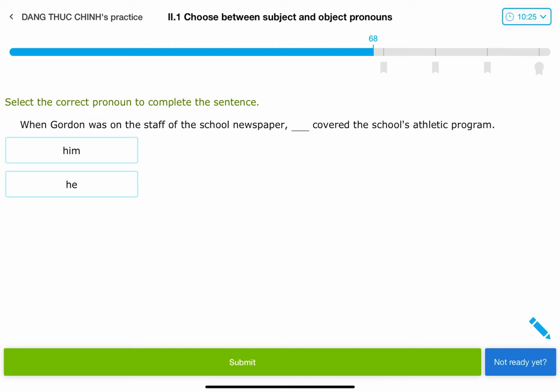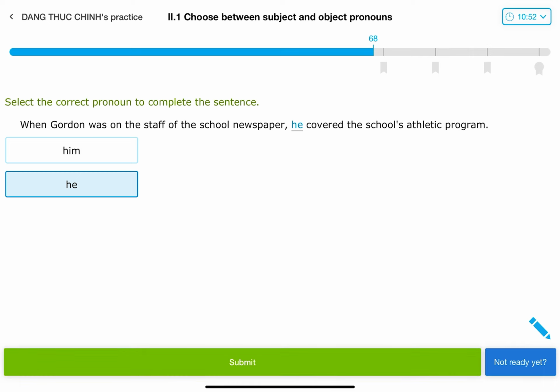When Gordon was on the staff of the school newspaper, he covered the school athletic program. Okay, this is like two clauses, right?